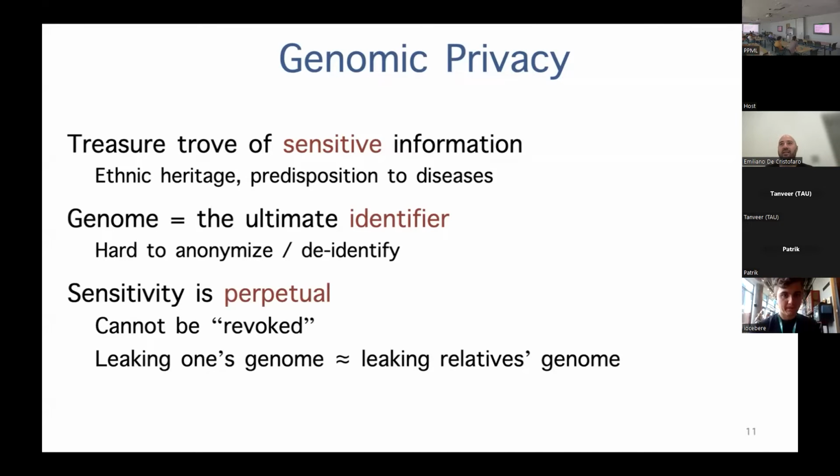And I think another important aspect, especially as I put my applied crypto hat back on here, is that the sensitivity of this data is really perpetual. It's like forever, right? In cryptography, we are used to thinking about the security of encryption algorithms for maybe 20 years, 30 years, something like that, right? So that we have standards. There's great work by, let's say, NIST and others that provide recommendations on key lengths, and they try to give you an estimate.